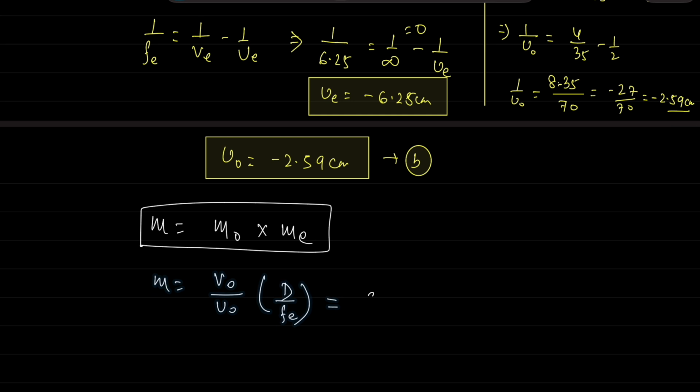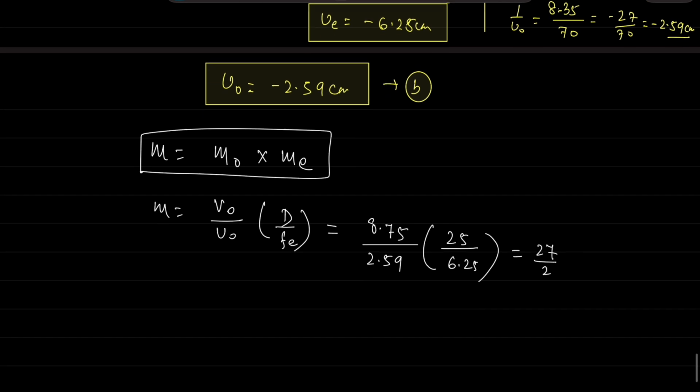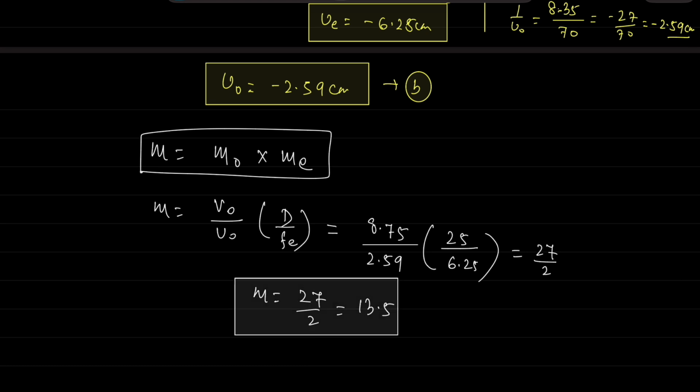VO is 8.75 divided by UO, which is 2.59, bracket, D is 25 and FE is 6.25. So when we solve, we get around 27 by 2. So M is equal to 27 by 2. It's equal to 13.5. So the image is 13.5 times magnified.